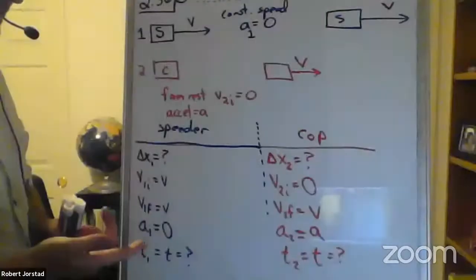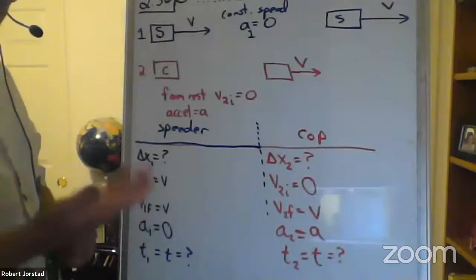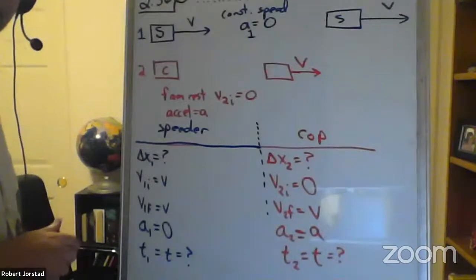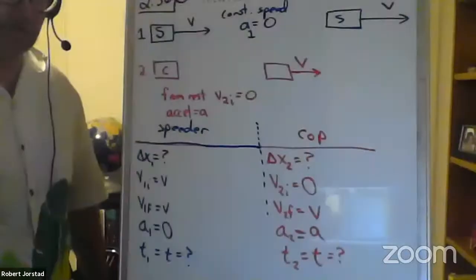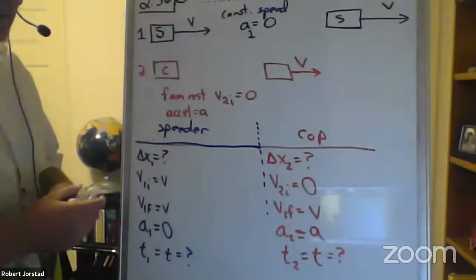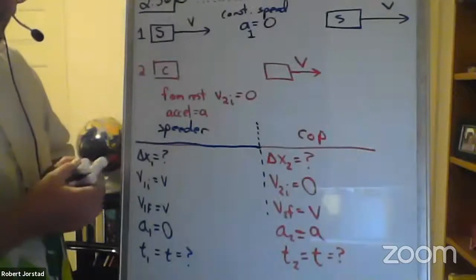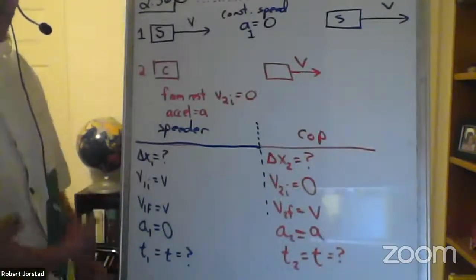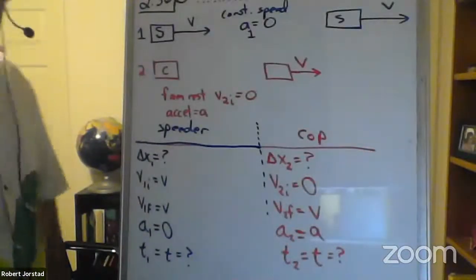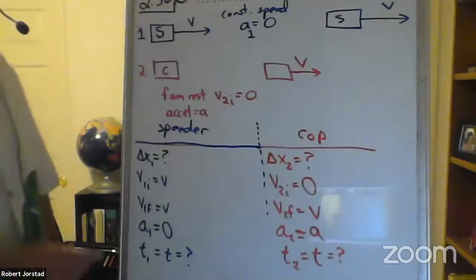So far so good. At this point, what would you do next? Start choosing kinematic equations. Choose some equations and go to work. And so in this case, what are we going to try and figure out? What are we trying to find? The max distance. Okay. So do you think we could get X1 or X2?